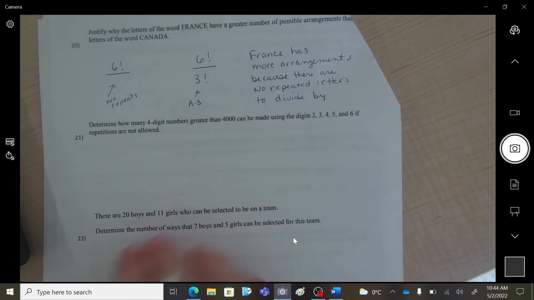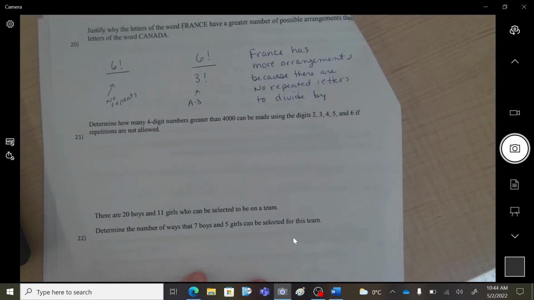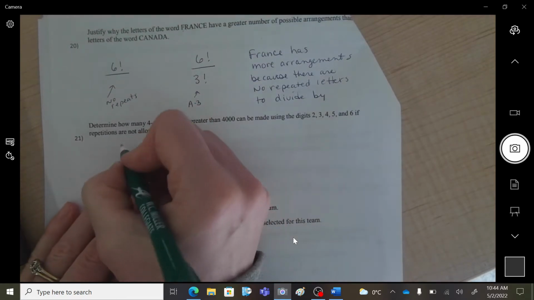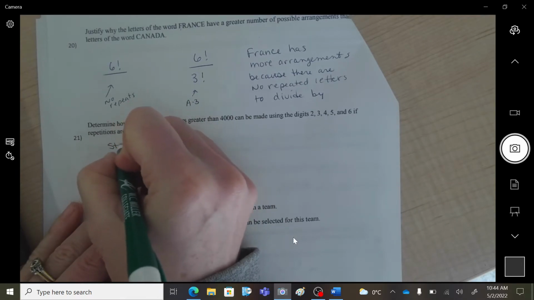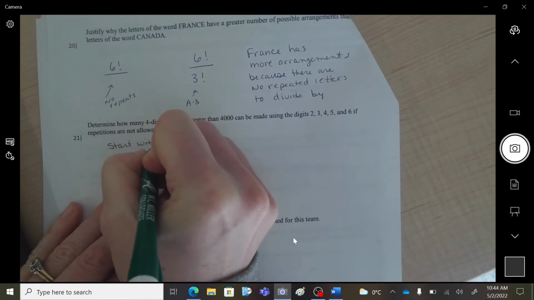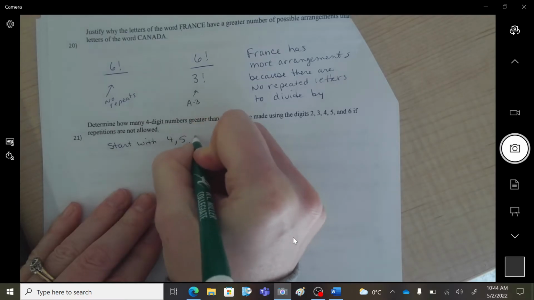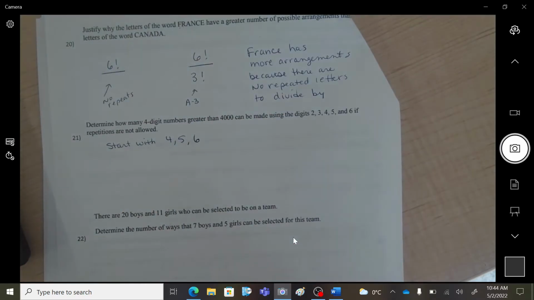Determine how many 4-digit numbers greater than 4,000 can be made using those digits if repetition is not allowed. So if it's greater than 4,000, it could start with a 4, a 5, or a 6. Repetition is not allowed.